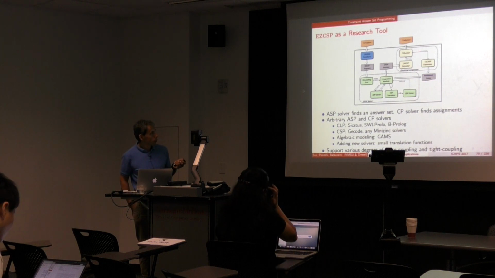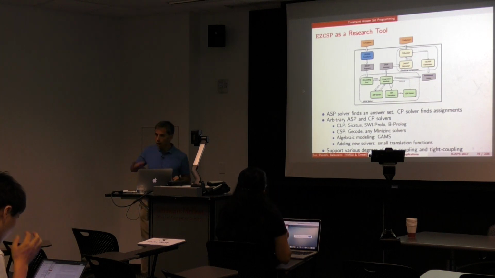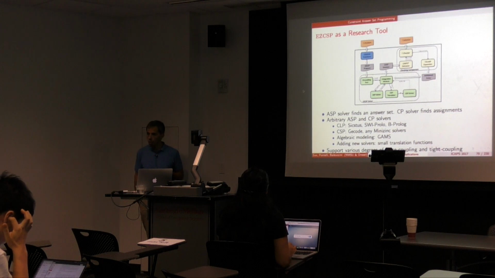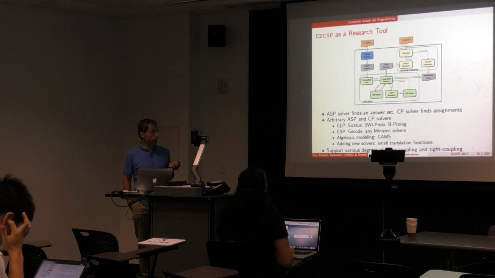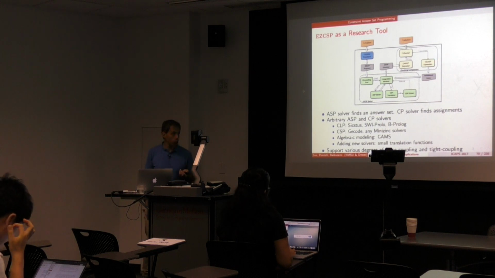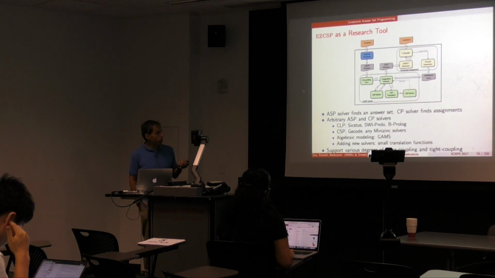So this component up here then uses an external validator of the PDDL+ specification to check if the invariants are satisfied. If they're not, then we look back in and we look for another EZCSP solution.